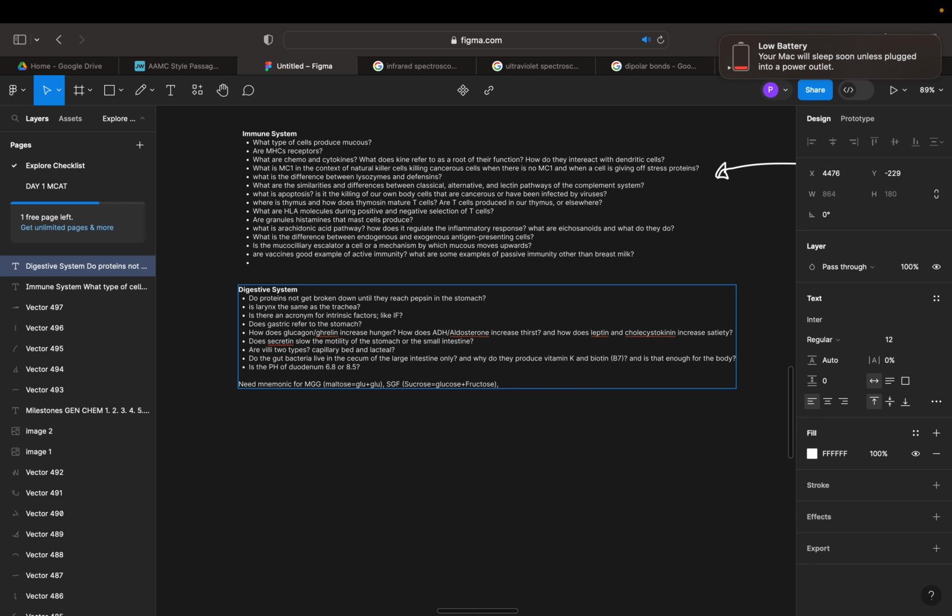And LGLG, which equals lactose, equals galactose plus glucose. Yeah, that should do the job.